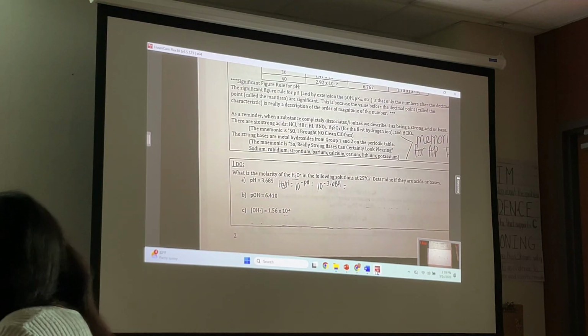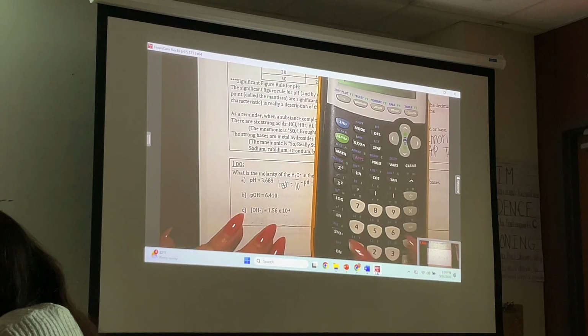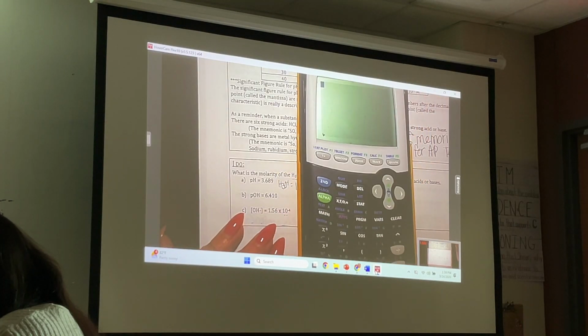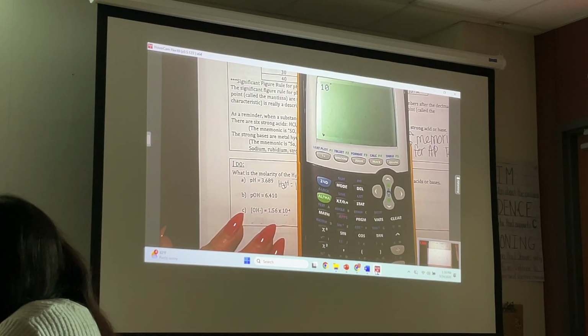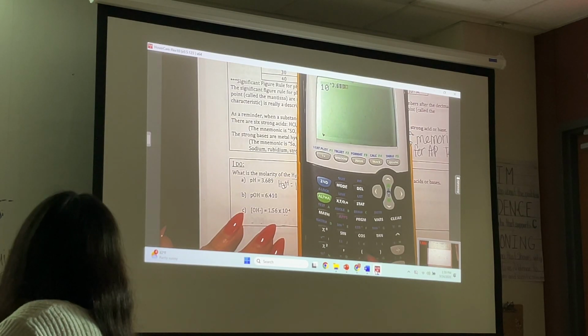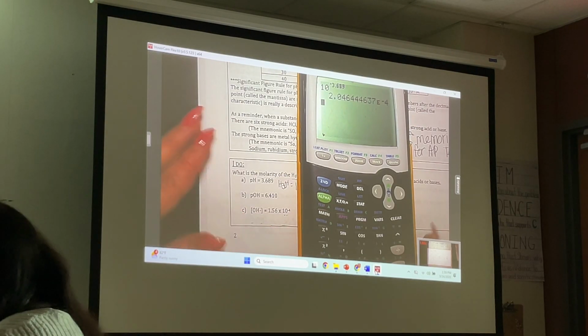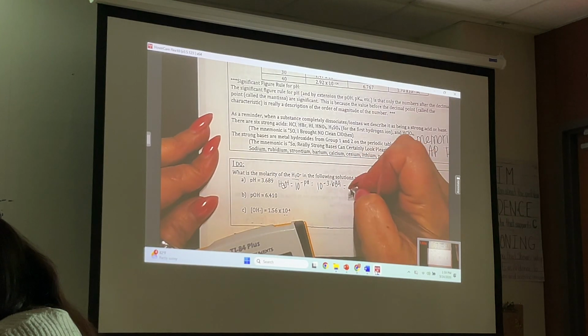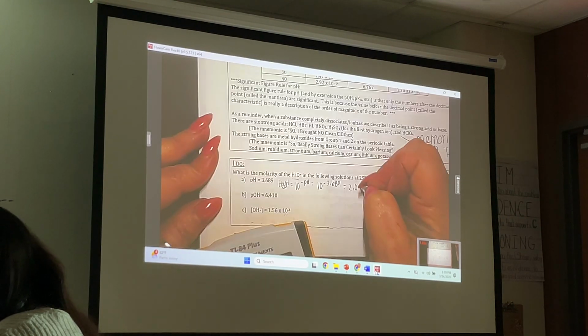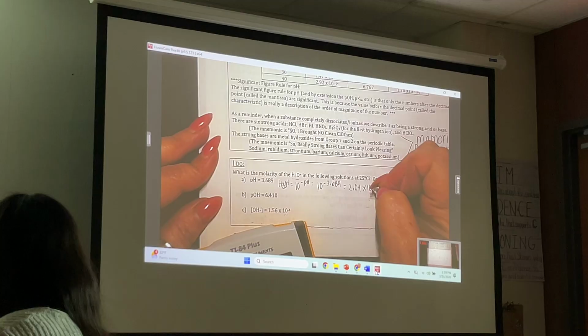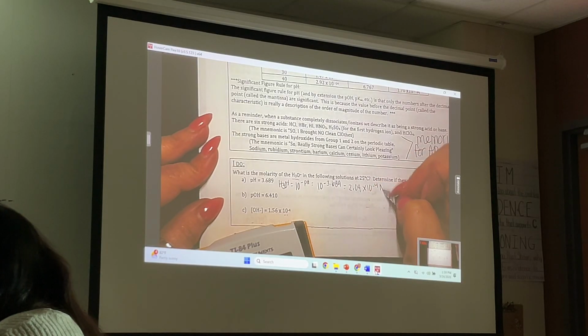Let's put that in. This is how you do it: 10 caret negative 3.689. My concentration is 2.04 times 10 to the negative fourth. It is a concentration, so it is molar.